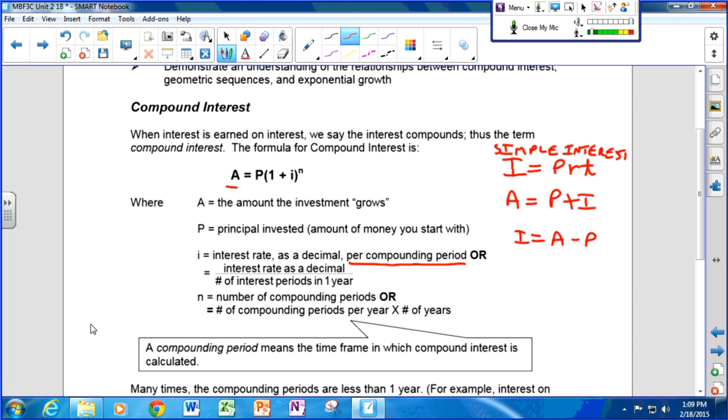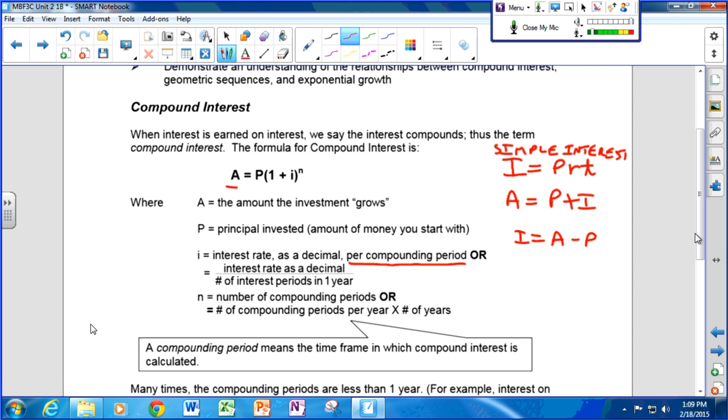So this is where things get a little tricky, because if our compounding period is, say, monthly, then we're given our yearly interest rate, and we're going to have to divide that by the number of months in a year. If it's weekly, by the number of weeks in a year. So you'll see that the i will very often be a fraction with the interest rate on top, and then the number of compounding periods per year as the denominator.